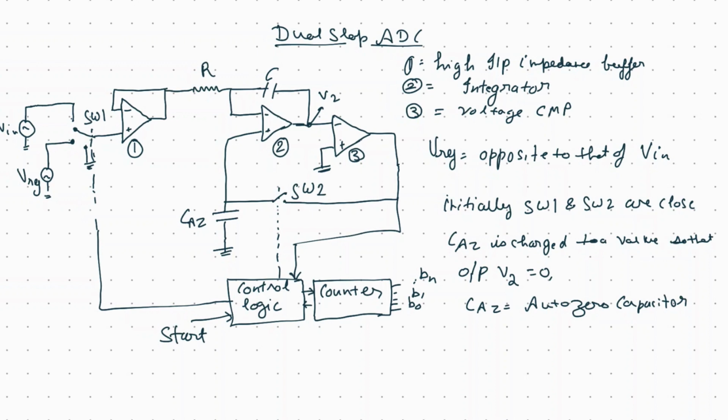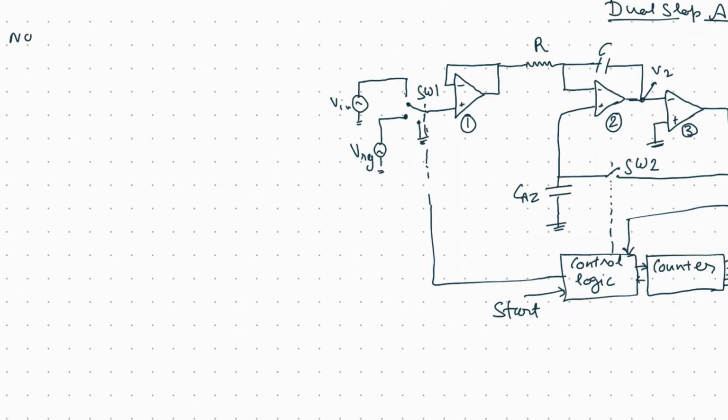The moment the output is 0, the comparator output is negative, or logic 0. This gives the command, and switch SW2 will be opened. Now the capacitor holds a voltage that nullifies the offset, so the output is actually 0.